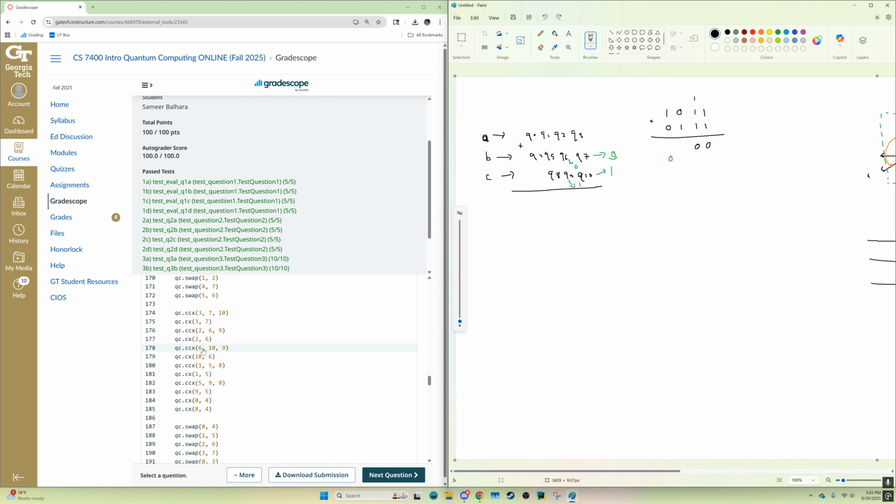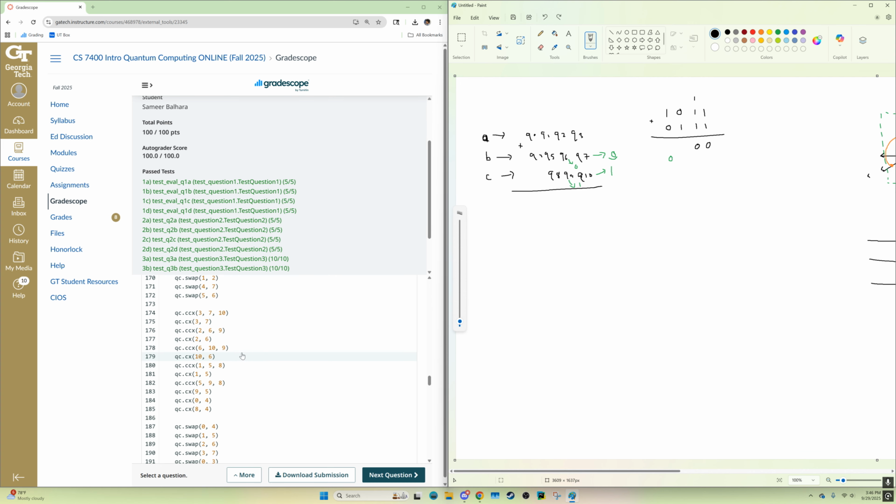So what we do is we do the controlled CCX between 6, 10, and 9. So we look at Q6, our sum bit, and we look at Q10, our carry bit, and we store that result in Q9, which is our next ancilla qubit for the next index. So Q9 now contains if Q6 and Q10 are both true, which is not the case because only Q10 is true and Q6 is a 0.